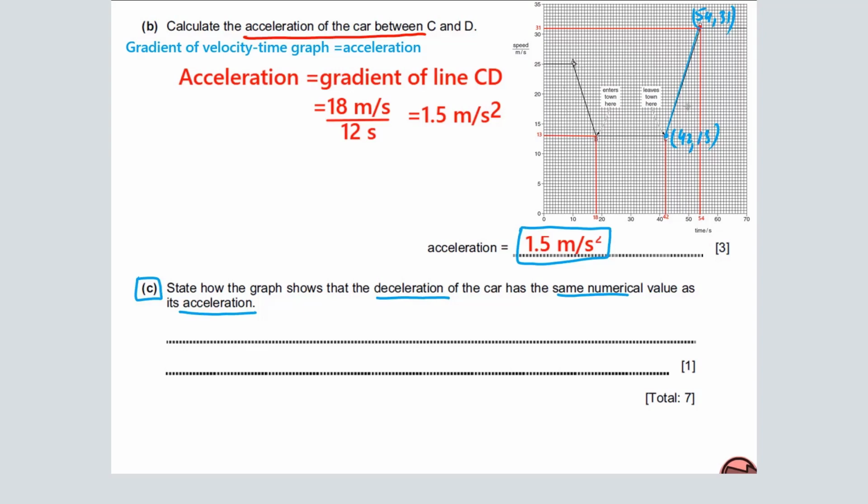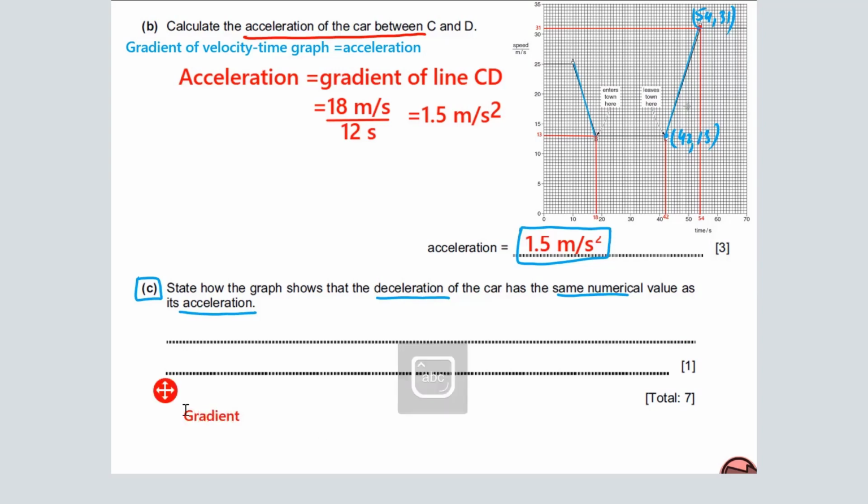You can see between A and B, the car is decelerating, and between C and D, the car is accelerating. How can they have the same numerical value? They can have the same numerical value if they have the same slope, or the same gradient.